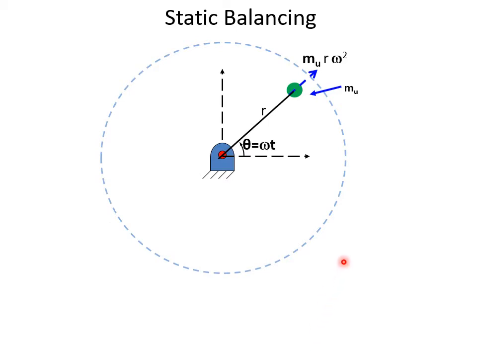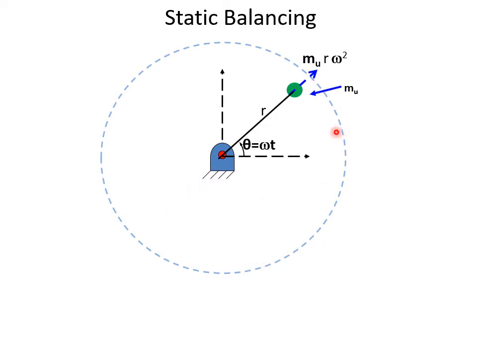Let us try to understand how we do the static balancing. Consider a mass mu which is at a distance r and is revolving at a rate omega radians per second. Now this will produce a centrifugal force which is equal to mu into r into omega square. Now if we have to balance, we have to provide a mass exactly at the opposite distance.